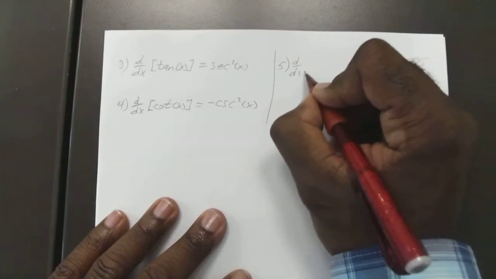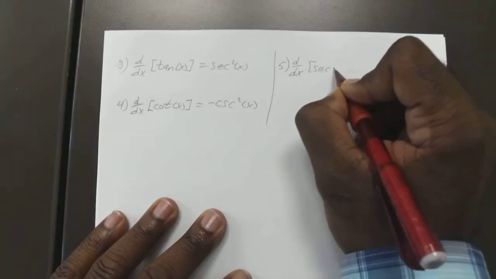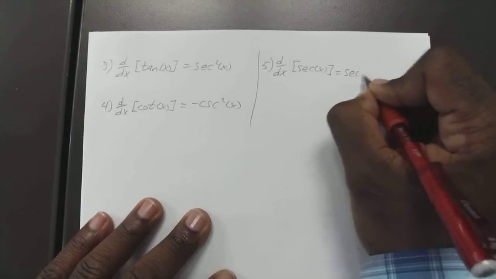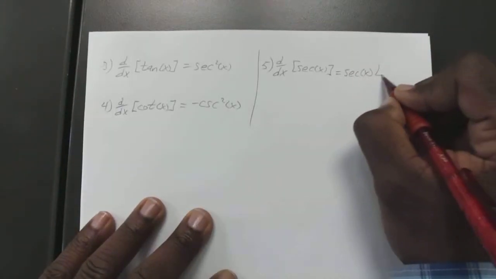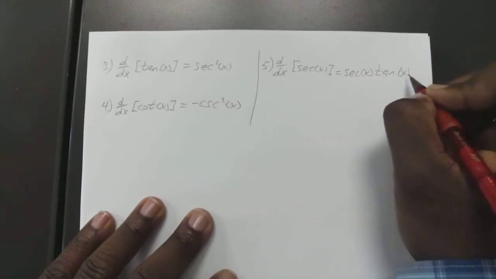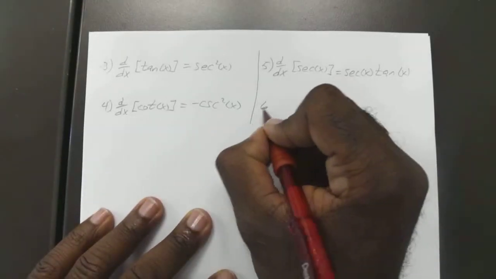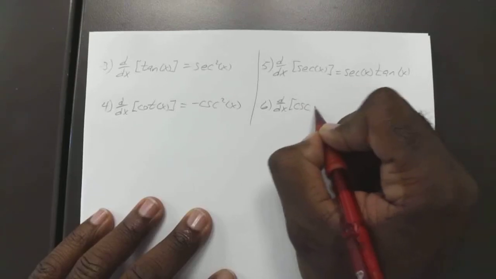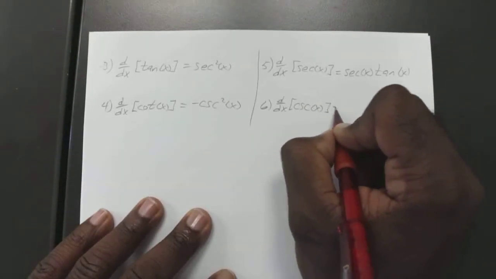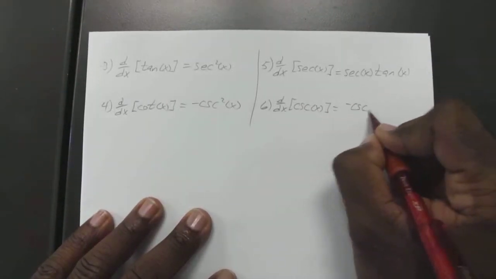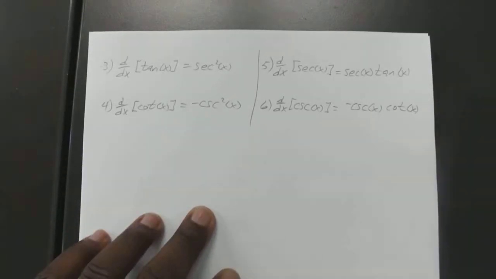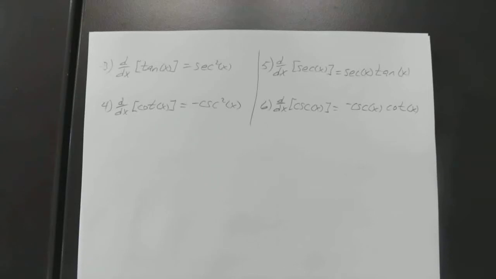The derivative of secant x is equal to secant x tangent x. And the derivative of cosecant of x is equal to negative cosecant of x cotangent of x.